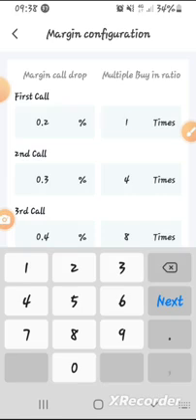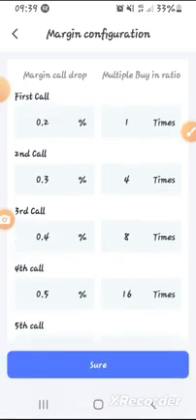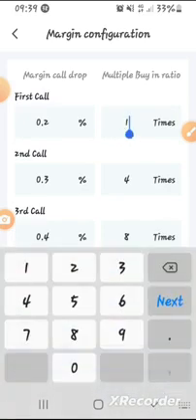Remember, I told you first buy 60 is our first buying amount, but after the robot has bought with the $60 the first time, then you come back and put 5. You put 5, and then you say when the market drops at 0.2, you put $5 one time, or $5 2 times, or $5 10 times. It depends on your capital.